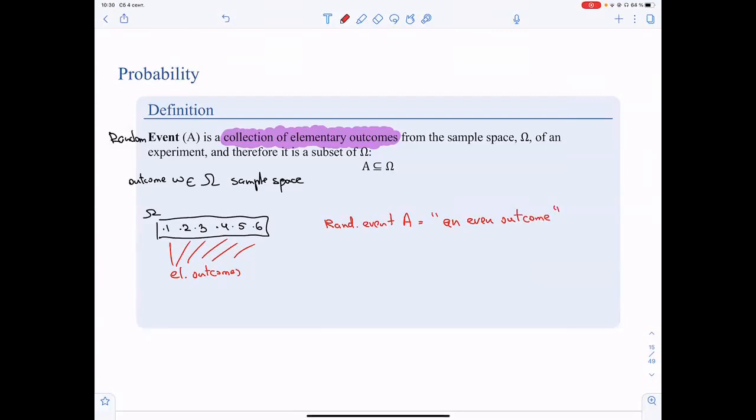Then what elementary outcomes are collected into it? I collect all of the even values: 2, 4, 6. If I say random event B says I want to get results greater than 4, then only 5 and 6 are included into that random event.